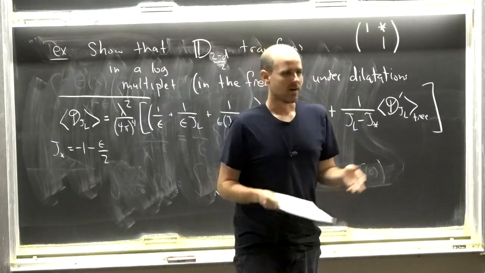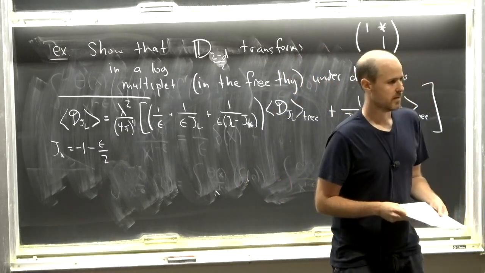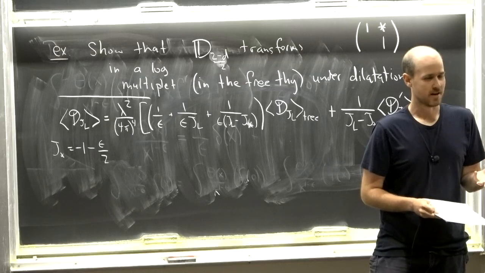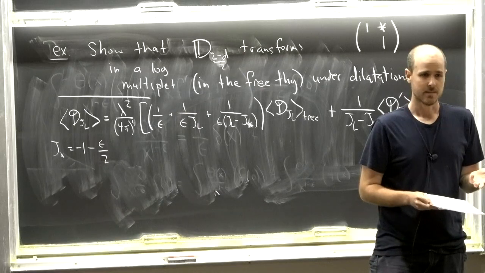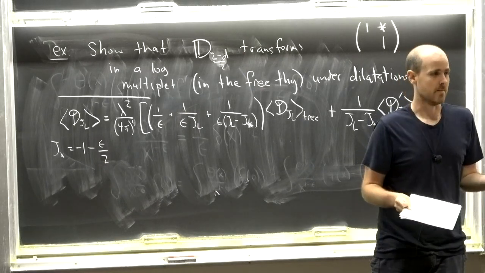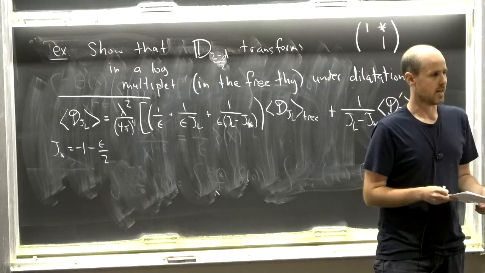We're starting with some bare operators, and our goal is to construct finite observables in the interacting theory. If there's a pole in JL, it means we've failed to construct a finite observable at that value of JL. And we need to do something about it. It's not okay to just leave those poles in there. We need to get rid of them. We need to renormalize the operator to remove not just poles in epsilon, but poles in JL as well.